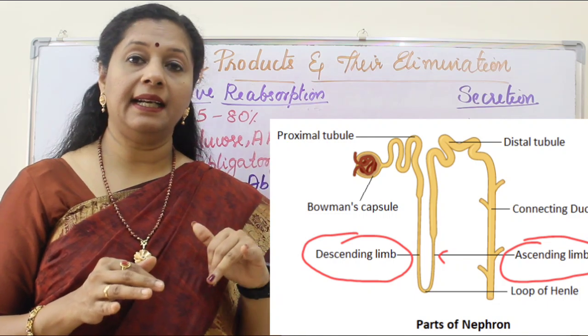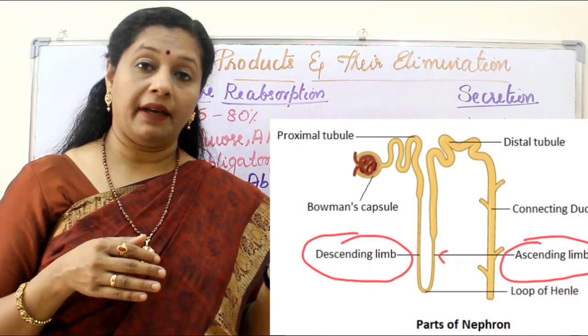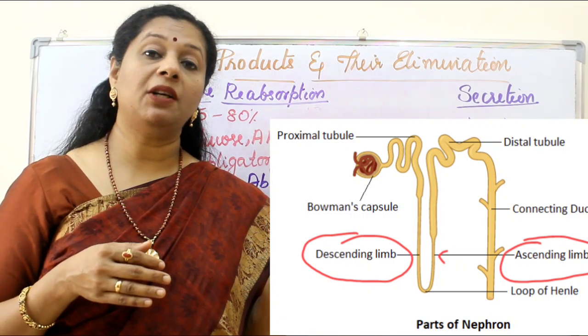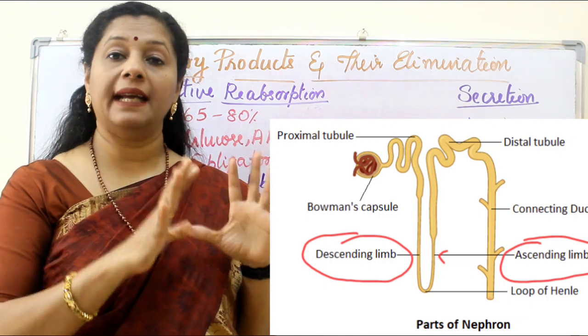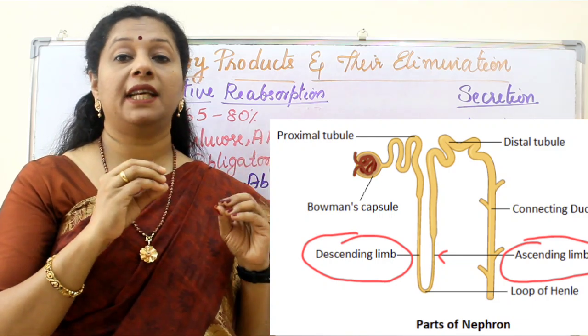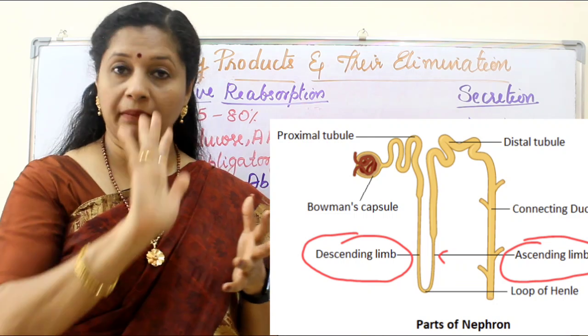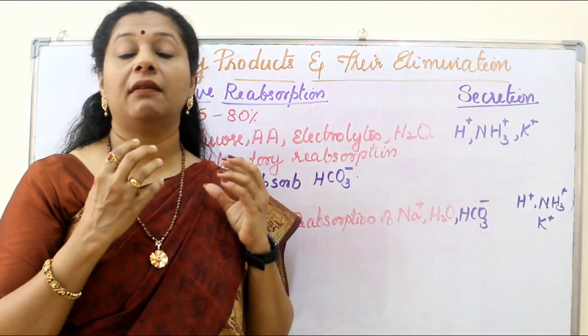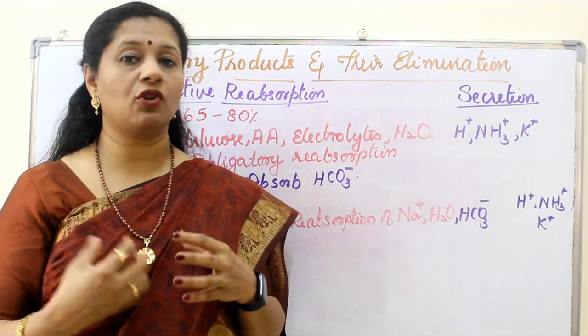The descending limb is permeable to water but impermeable to electrolytes, whereas the ascending limb is impermeable to water but permeable to sodium ions. So this will maintain a high osmolarity, or we can say the very salty nature of the medullary interstitium, which will help in the formation of concentrated urine, or help us reabsorb maximum water and ions from it.